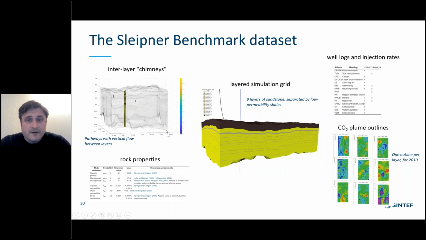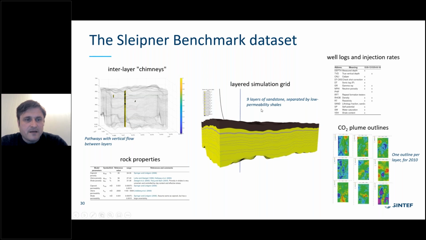So Sarah has already talked a bit about the model. I'll mention the things that were important for our study. The Sleipner benchmark model contains several different types of information of importance to our study. There is the simulation grid itself, of course, and you note that the architecture of the reservoir is such that we have 9 layers of high permeability sandstone separated by thin horizontal layers of low permeability shale.